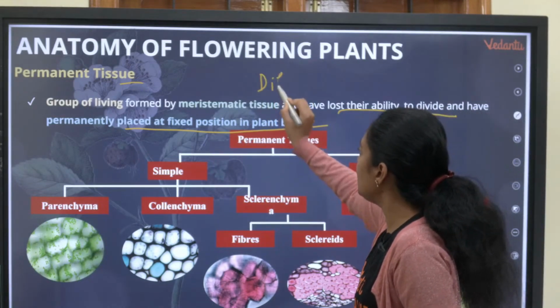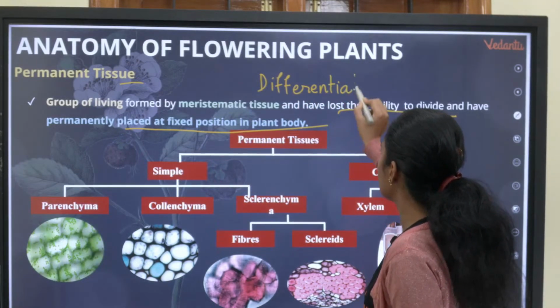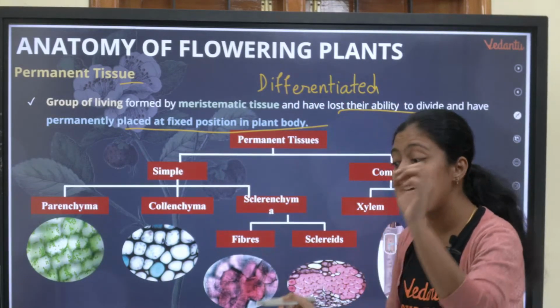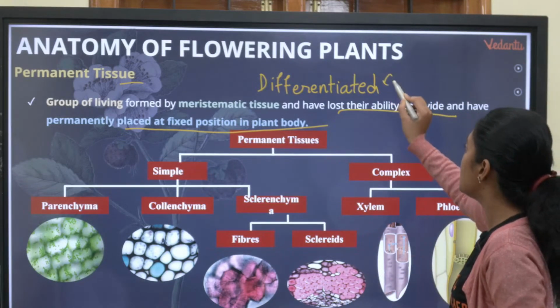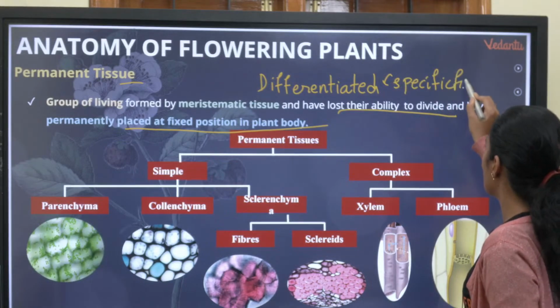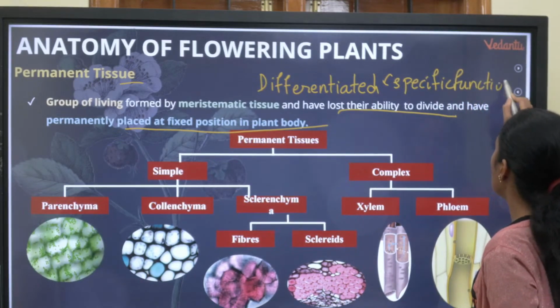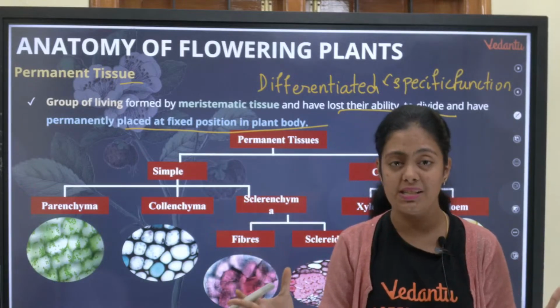Now, can anyone tell me what is the meaning of differentiated cell? Differentiated cell means they have a specific function. An easy example: from first class to 10th class we are all reading all subjects, correct?